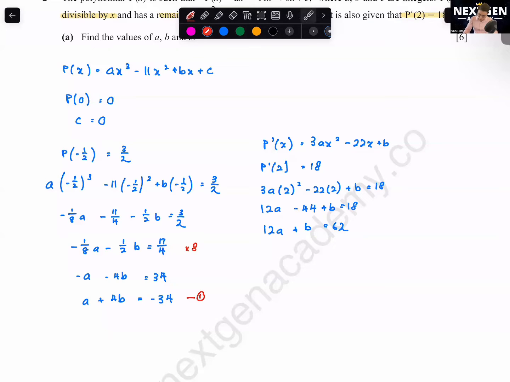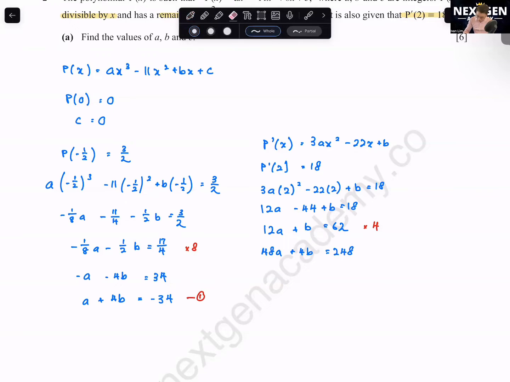Okay, equation 2, what do I want to do? I want to eliminate 4b. If you do substitution here also, it's totally fine. Up to you, but I'm just going to do the elimination method. So here I'm going to multiply it by 4 because I want to make the b to 4b. 48a plus 4b equals 248.